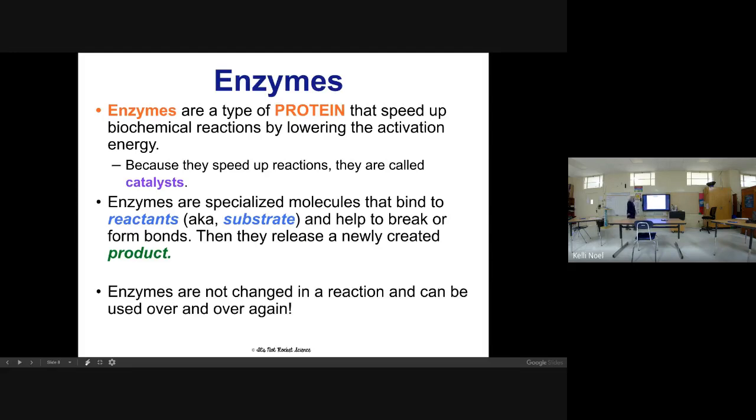The enzymes are not changed, they're not used up or modified, they're released, and they can be used again. So enzymes are used over and over again.